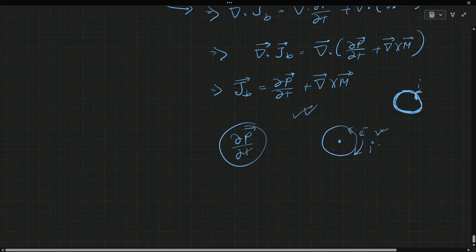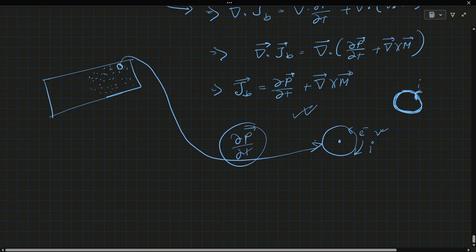If this is a dielectric medium, there are many atoms, and in a microscopic part there will be divergence free current because the electron is orbiting in a closed loop.